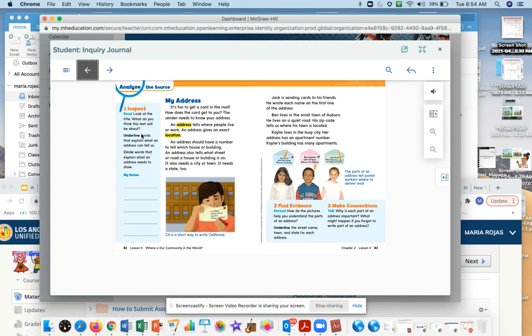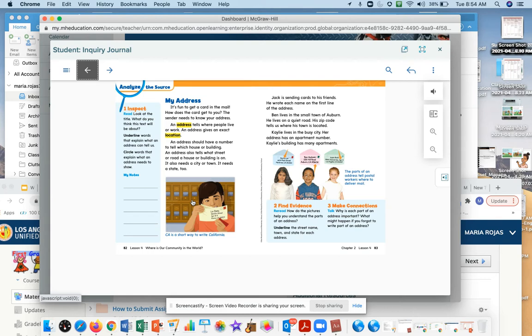So we're going to learn more about our addresses and how we need to write our addresses on envelopes. I want you to pay attention because it's really important. If you don't know, all your parents receive letters and things from people, or maybe bills.